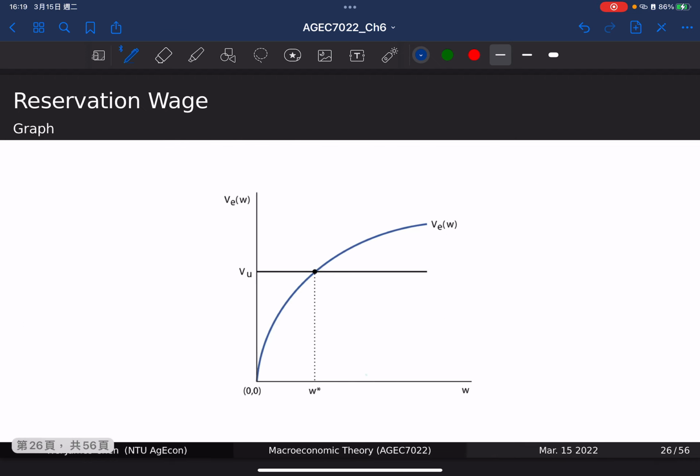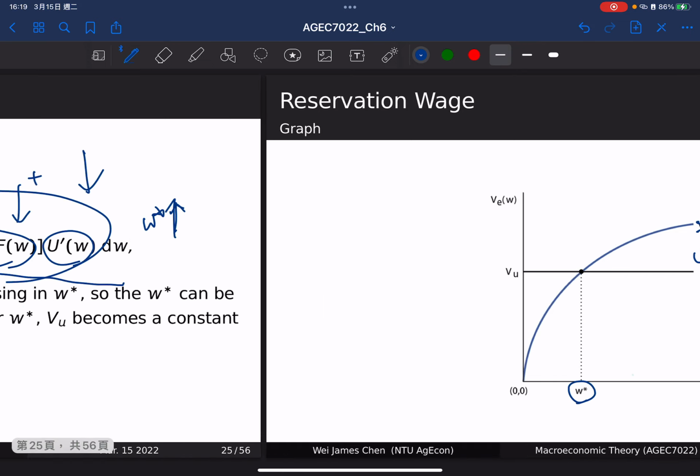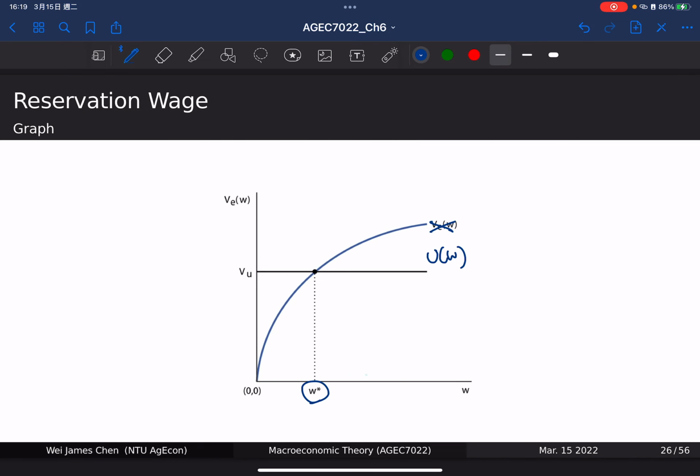In the textbook's main text, it is actually a much simpler model. It will give you a graph like this. It says that VE of w and VU will cross at the reservation wage. But another way to look at this is u of w, which is also an increasing function. Remember: concave, increasing, continuous.